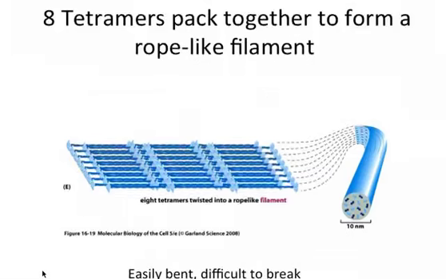Would you want dynamic instability in the things that give you resistance to physical stress? Do you want dynamic instability in the thing that's protecting you from the outside world? Okay. So 8 tetramers pack together and they form a rope-like filament that looks like this, right? There you go. It easily bends. It's difficult to break, just like a rope, right?